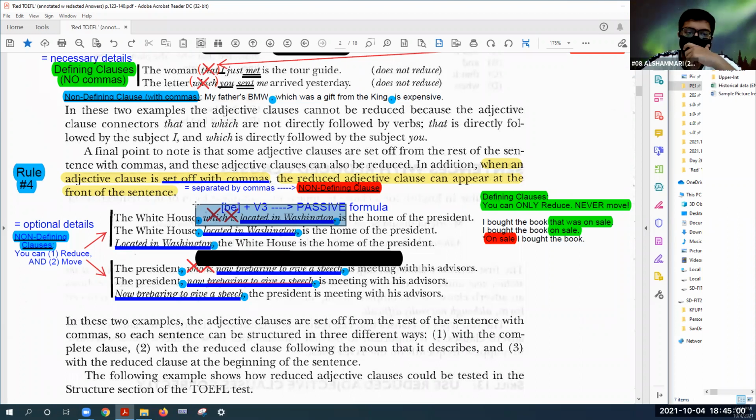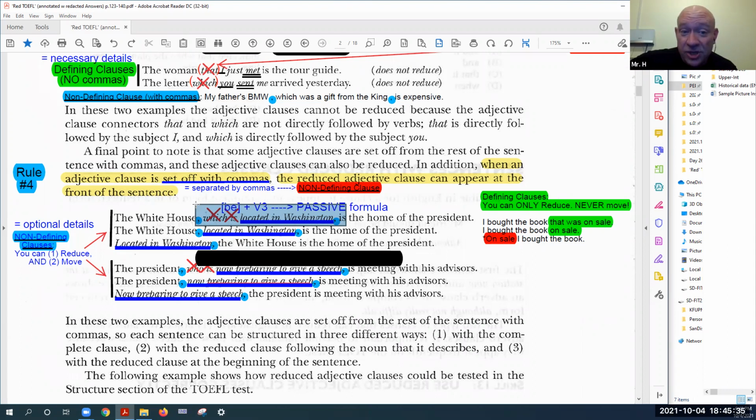No, Al-Shamari, the answer is no. You cannot move the complete adjective clause. If you have a connector, subject, and a be verb, you cannot put it at the beginning. Do you understand? You can move it only after you reduce it.